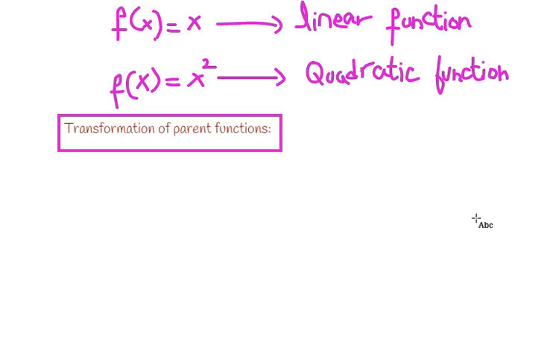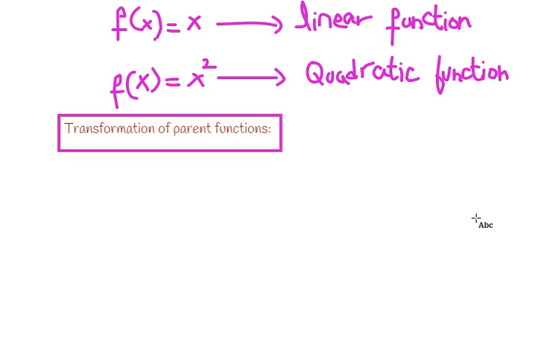Then that function is said to be transformed, and it is called the transformed function. If you want a function to be transformed, you have to make changes in the parent function. Either you rotate it, reflect it, translate it, or shift it. All of these are transformations.